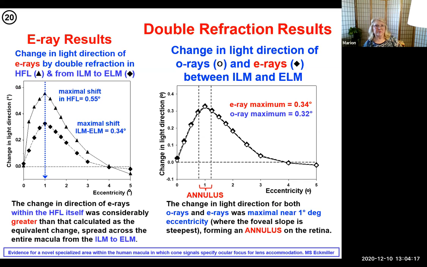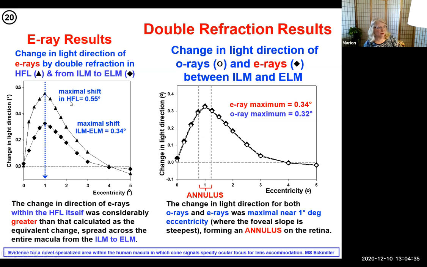So again, skipping many steps, on the left is shown the final results for the E-ray, the change in light direction of the E-ray, shown here, the change in direction as a function of eccentricity.